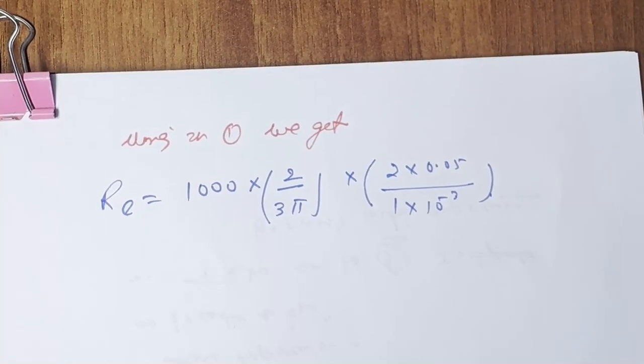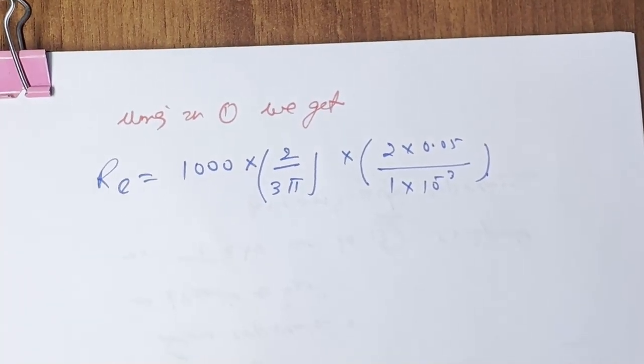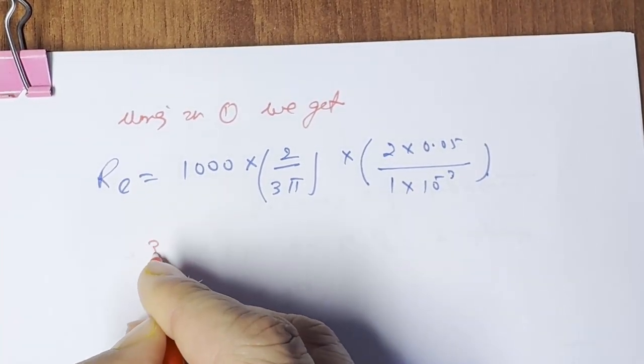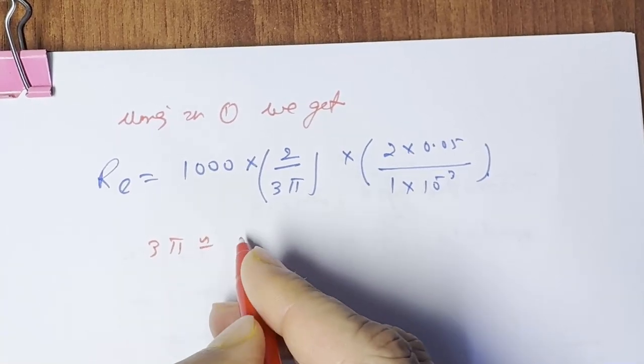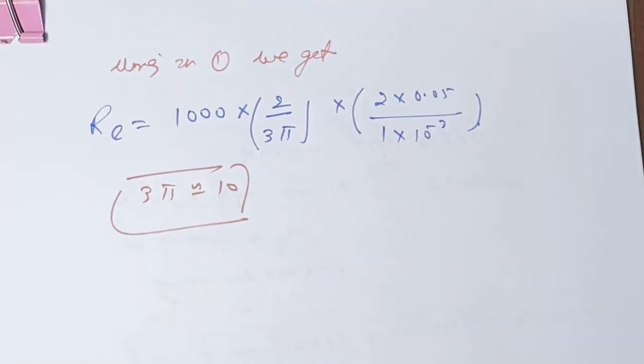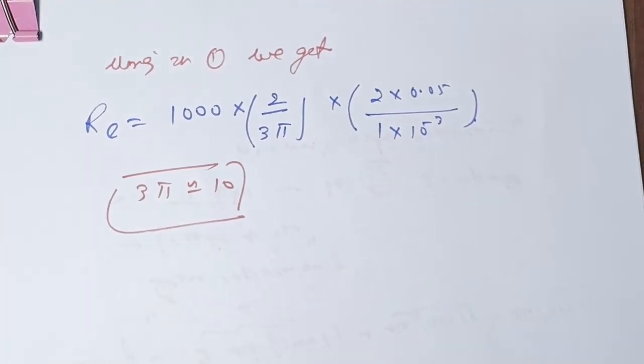And in this case we can say that this 3 pi is approximately equal to 10. Okay, for the sake of convenience, let us say this 3 pi is equal to 10 because the answer is in the form of the powers of 10.